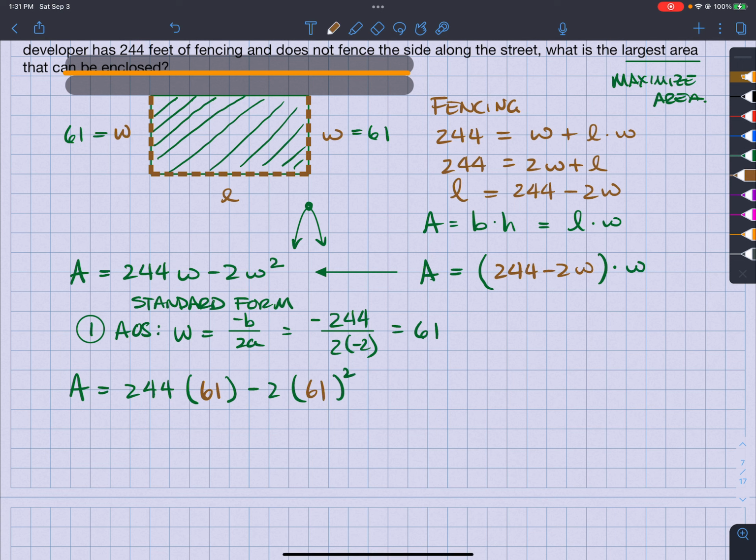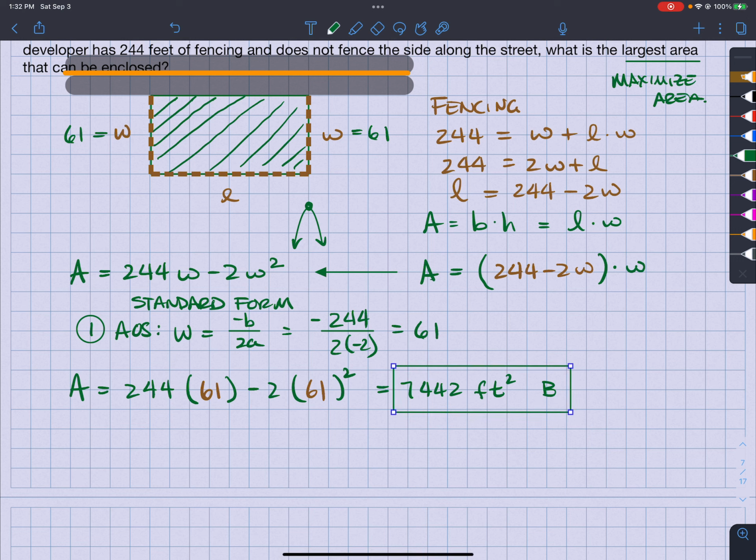Let me see, 244 times 61 minus 2 times 61 squared, and I get 7,442 square feet, and that is choice B.